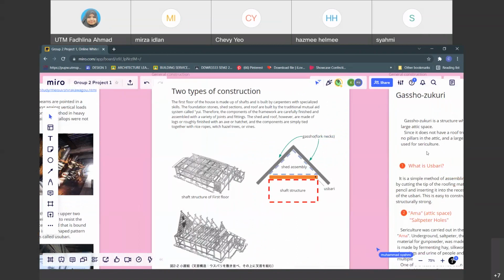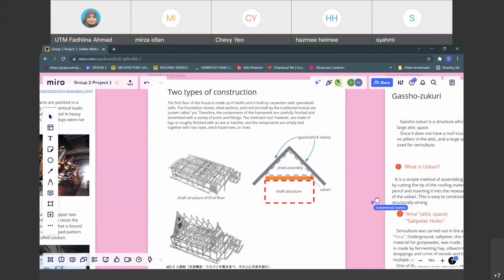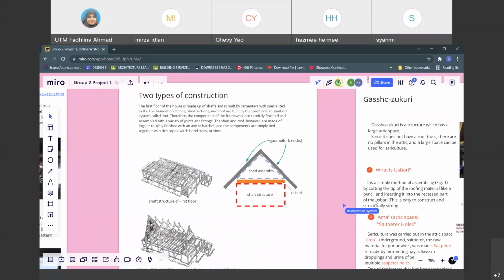Okay, so you are talking about the construction. The first one is the roof construction, and then how about this one? This one is talking about the construction of the floor, is it? The floor and the walls.